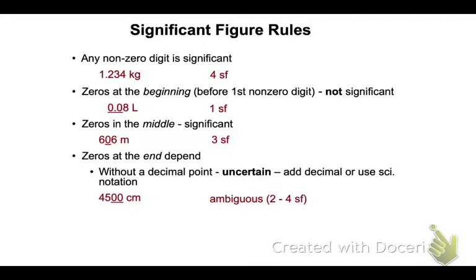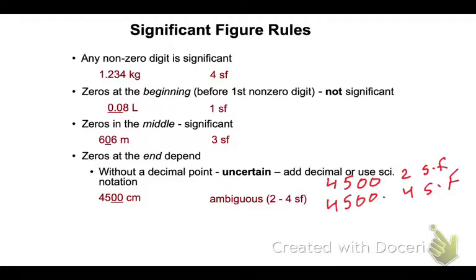So for example, let me show you something. If I kept it as it is, 4,500, and I didn't put any decimal point, I want you to consider that to be 2 sig fig. Now if I wrote 4500 with a decimal point, then these 2 digits become significant, and therefore this measurement will have 4 sig fig total.